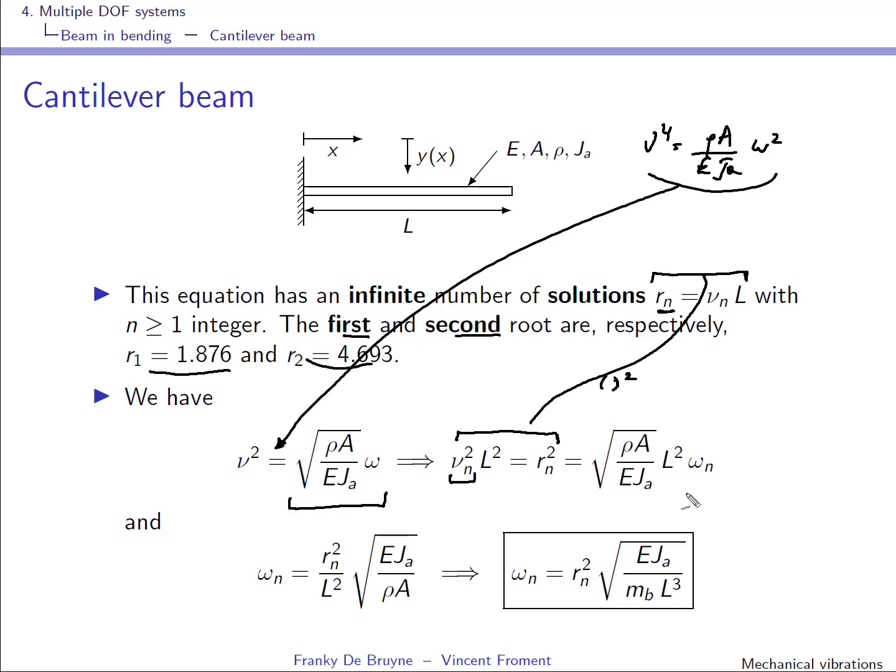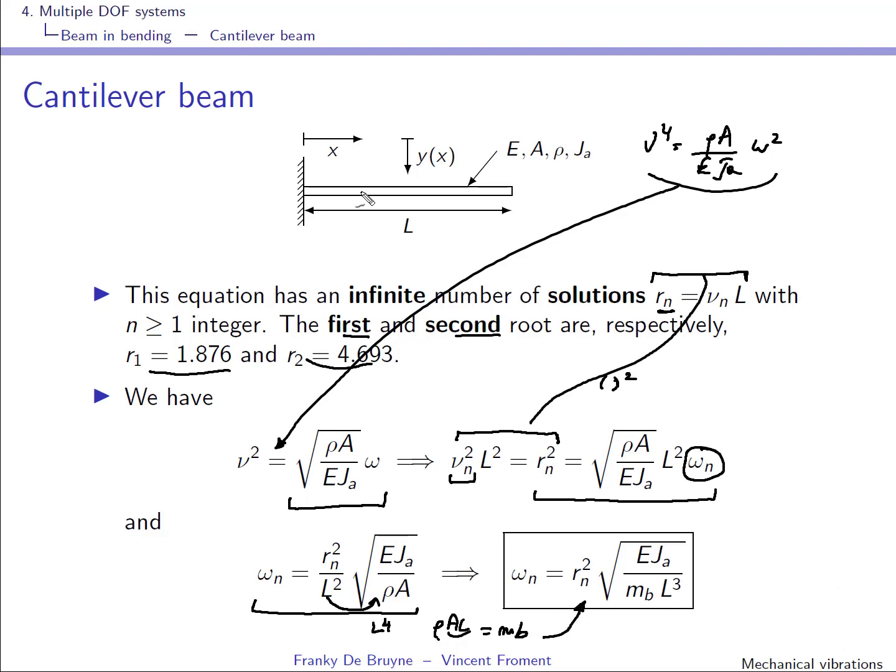So we obtain this relation here, and now we can isolate what we need, and this is the natural frequency. So you obtain this thing here. If you bring this one in here, it will give you an L to the 4th, and you know that rho times A L, volume times density, is equal to the mass of the bar. So you can rewrite it like that, right?